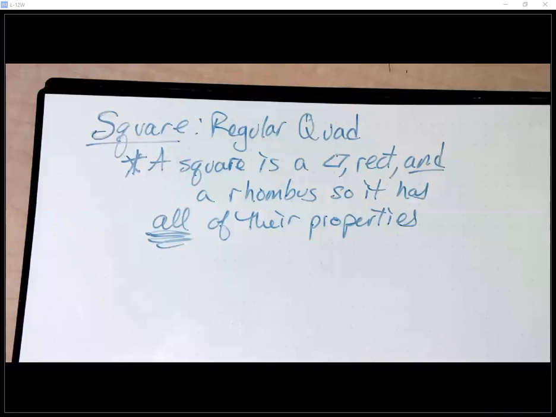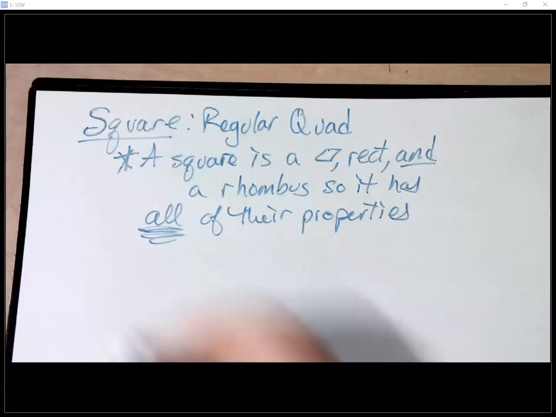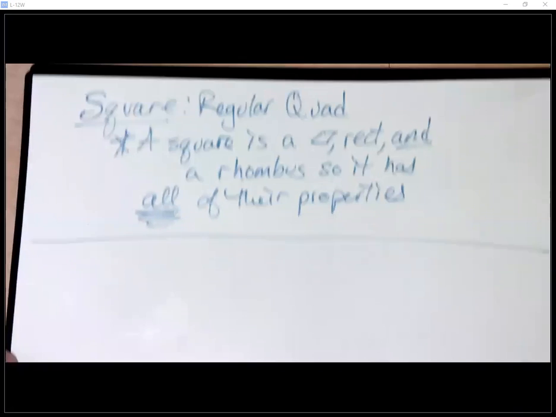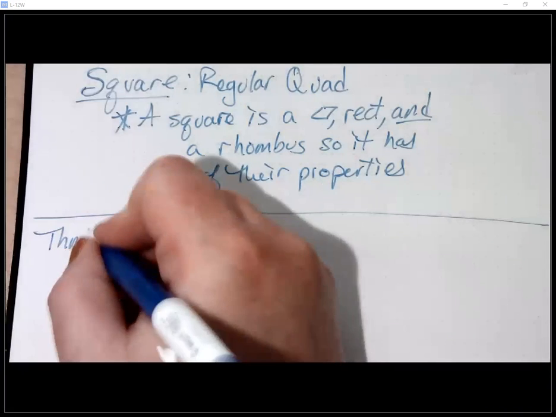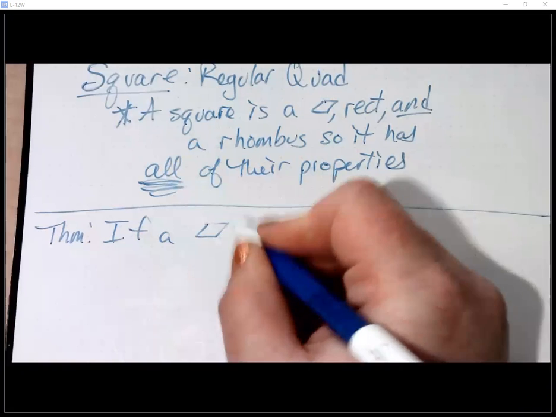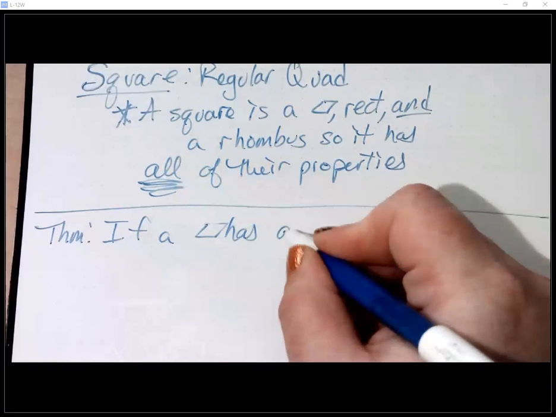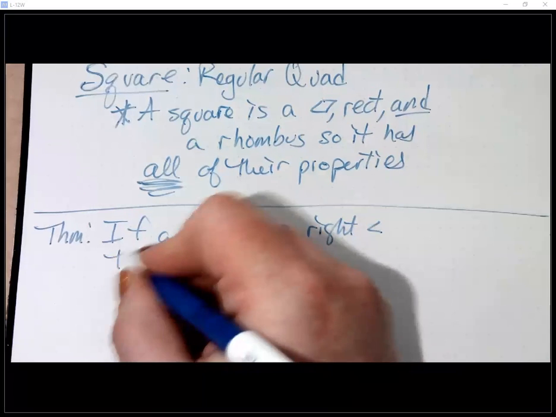Okay, we have 3 quick theorems and then we're done. So the first one says, if a parallelogram has a right angle, then it must be a rectangle.